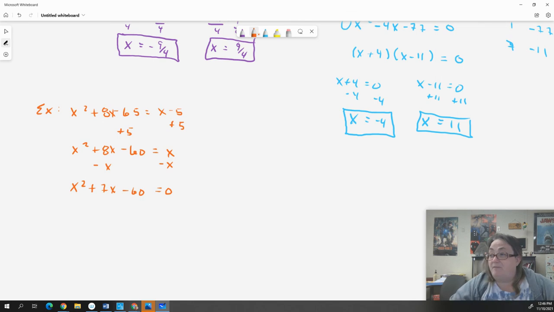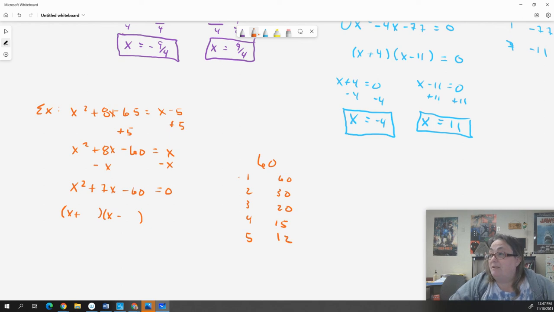Now I just need to find my factors of 60. I know it's going to be x plus something times x minus something. And the reason I know that is because I have a negative right here. And I know that my bigger factor will be positive because that 7x is positive. My factors of 60 are 1 and 60, 2 and 30, 3 and 20, 4 and 15, 5 and 12.